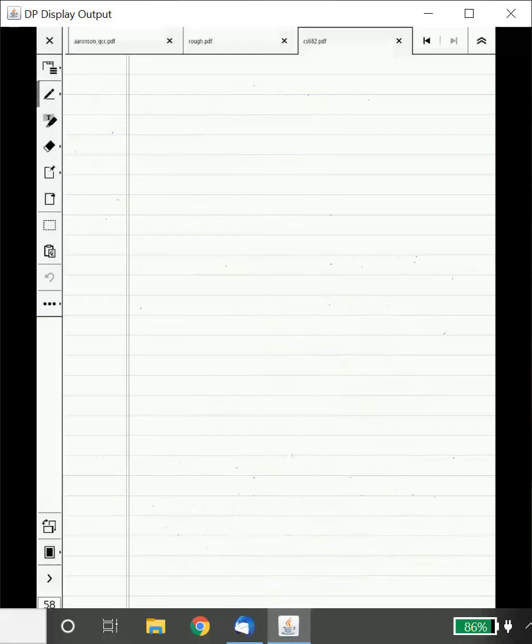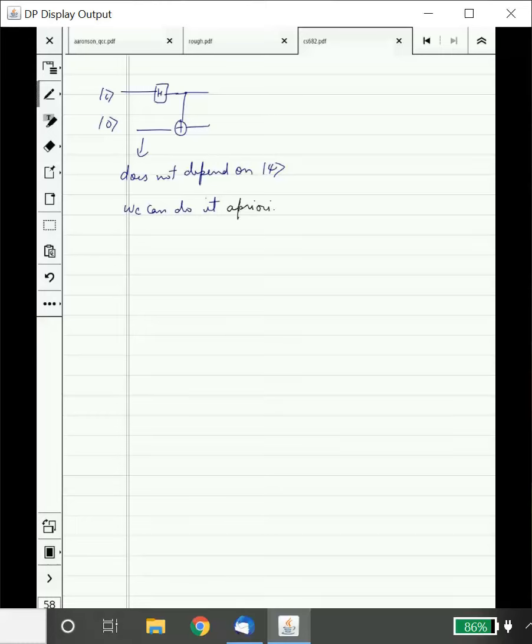Alice and Bob started with 0. Alice applied Hadamard and then applied C0. Here, this was the bottom part of the circuit in the first half, and this circuit does not depend on psi. In other words, we can do it a priori before even receiving information about psi.